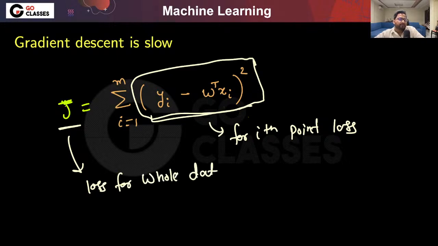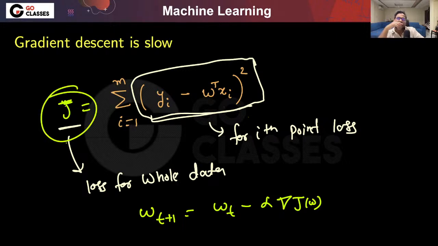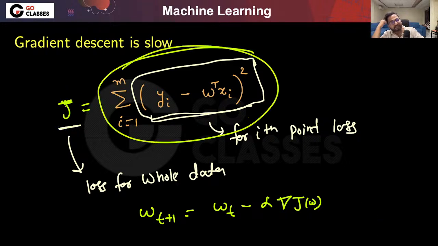Is this okay to everyone? Now what is the update formula? The update formula says that wt plus 1 equals wt minus alpha into grad of J, let's suppose this is j or l, let me write it j only, J of w. Basically I need to differentiate this, which means I need to have the summation. In this differentiation also there will be summation, right? So basically I need to compute this loss and then differentiate.